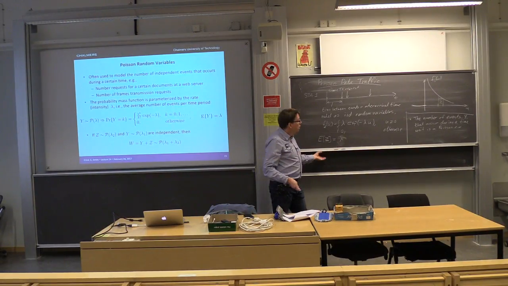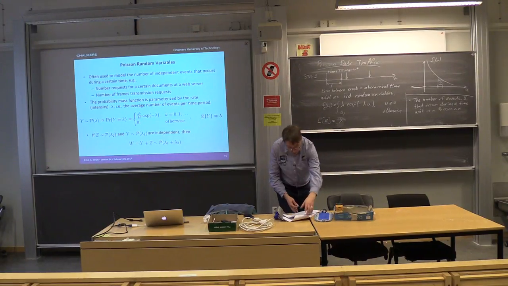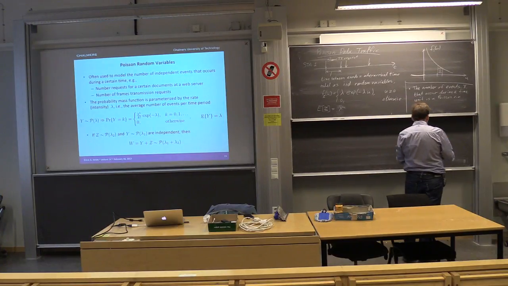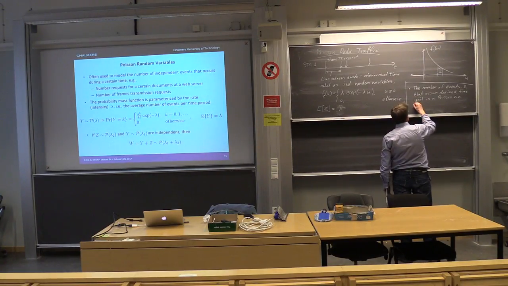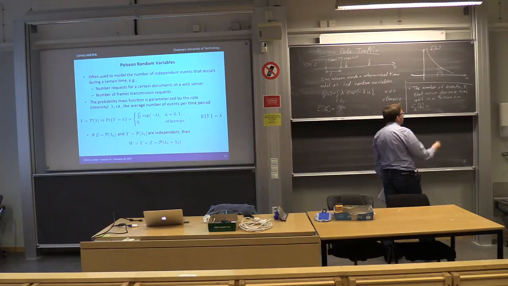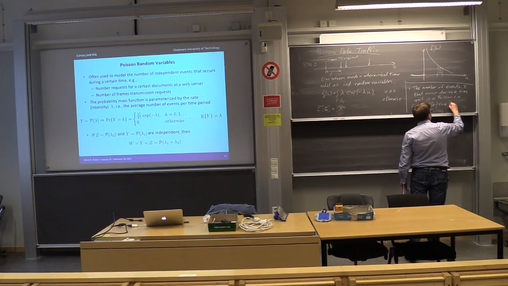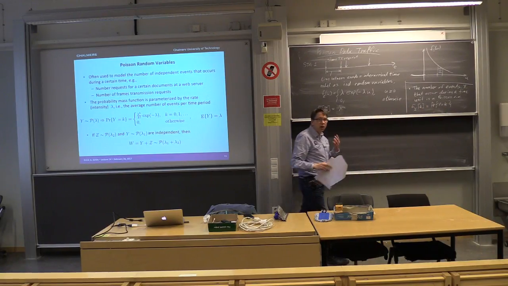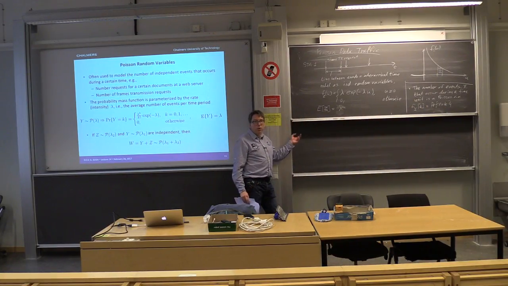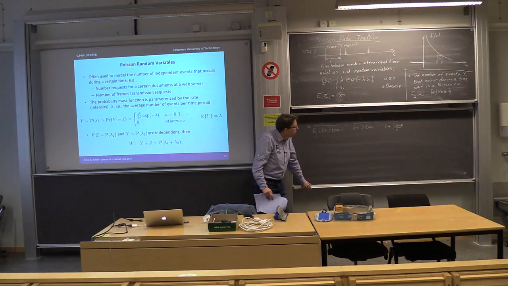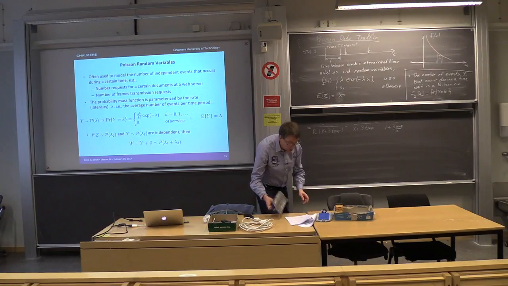It varies, right? And then one can actually calculate the probability mass function for that, and that's a Poisson distributed random variable. So the probability mass function for Y evaluated at k, the probability that Y is equal to k, that is, exactly k frames arrived during one time unit here.